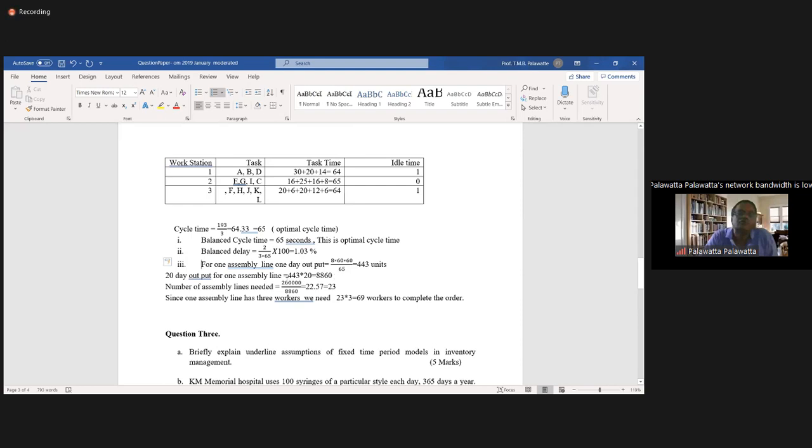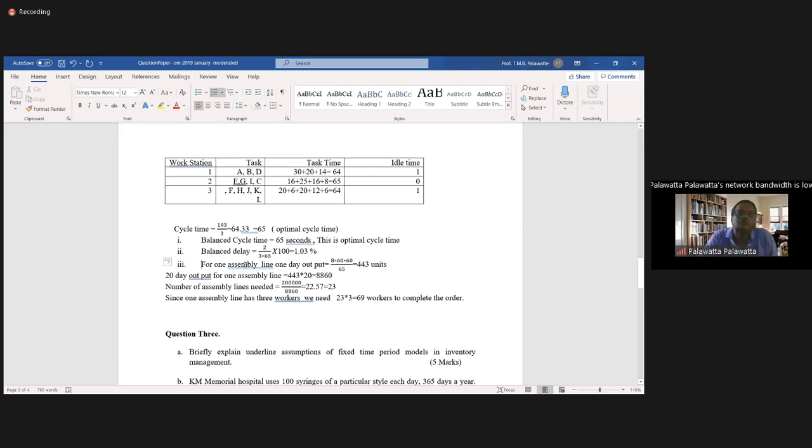And then number of assembly lines needed. So you divide 200,000 by 8,860, you get 22.57. So that one, you need to round up. That means 23 assembly lines you need to produce 200,000 units in the month.